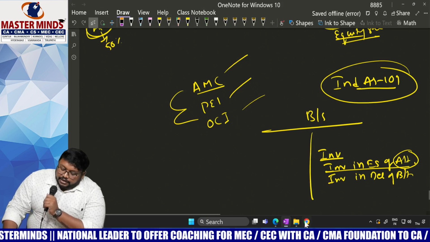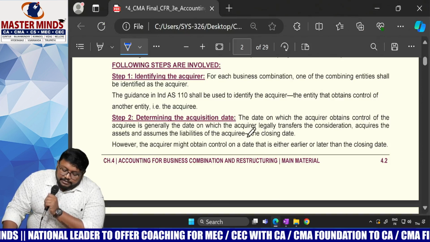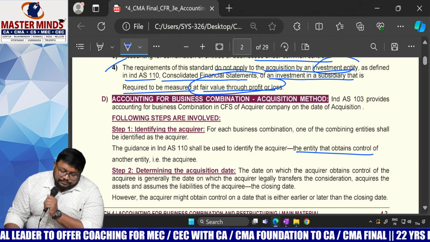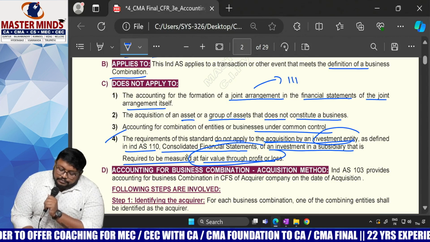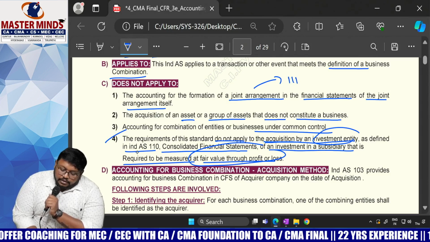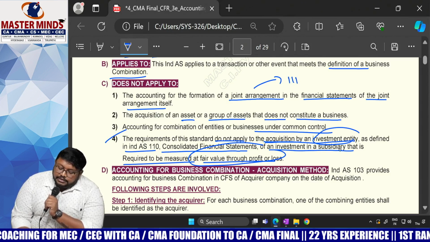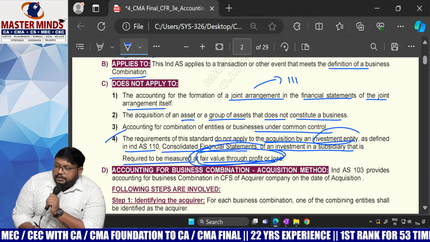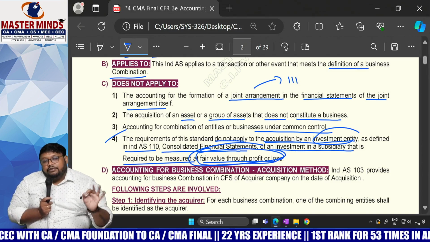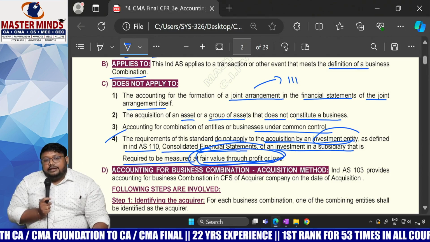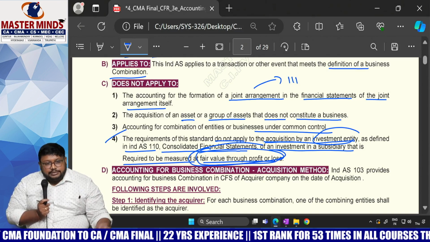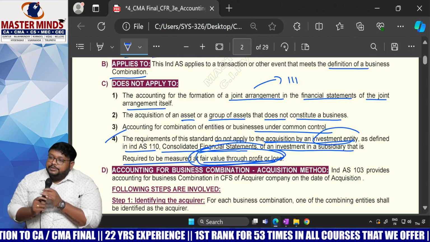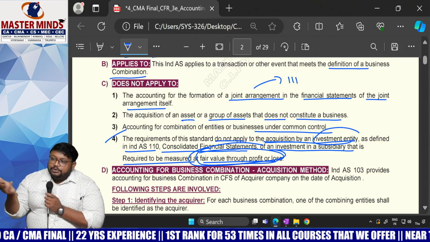So why are we discussing all these things? See here, they have given that the entity obtains control. Investments in the subsidiary, is that required to be measured at fair value through profit and loss? Through profit and loss is one of the methods of holding the investment based on the purpose. Subsidiary means you automatically know that we are having more than 50% of stakes.